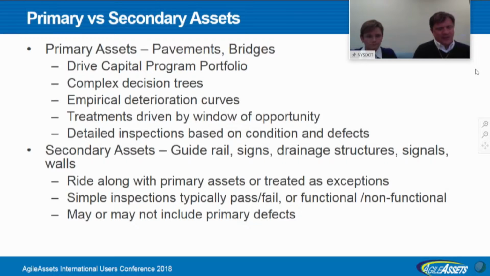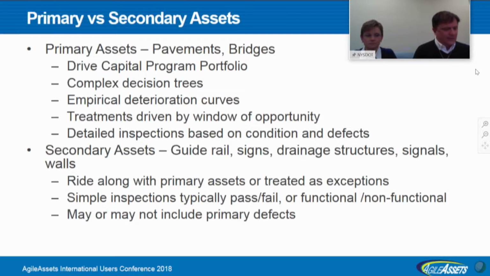And it really starts to beg the question that where the secondary assets were always included in our major capital work, now if we're just doing simple maintenance paving projects, element level projects on bridges, really what should we be doing with secondary assets? Should secondary assets be part of an overall trade-off analysis scenario?